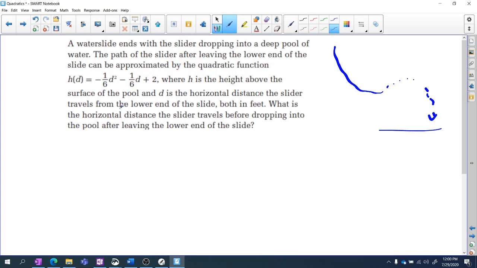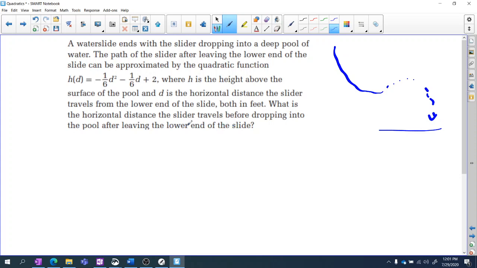This quadratic outlines their path as they're following this parabolic path. H is their height above the water, and D is their distance they've traveled horizontally from the end of the slide. And it says both are measured in feet. It says what is the horizontal distance, so what is D, before dropping into the pool after leaving the lower end of the slide.